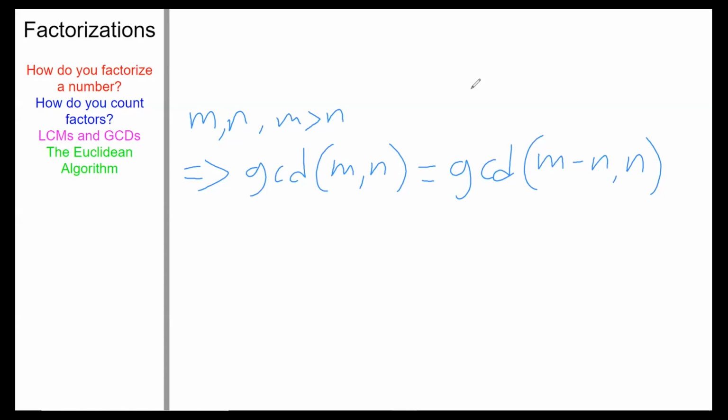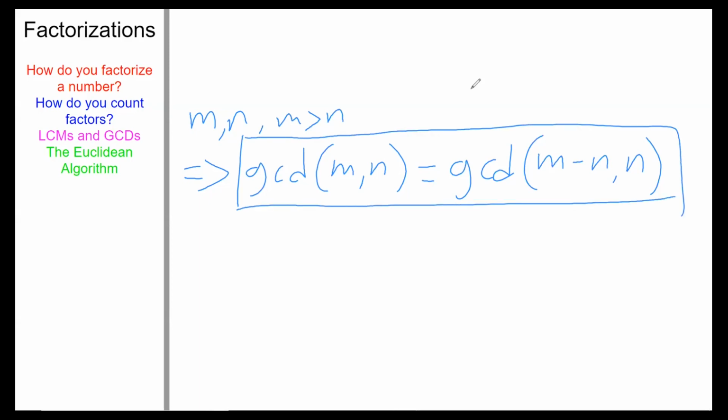So for example, can you use this property to find the GCD, using our previous example? Let's say m was equal to 24 and n was equal to 18.